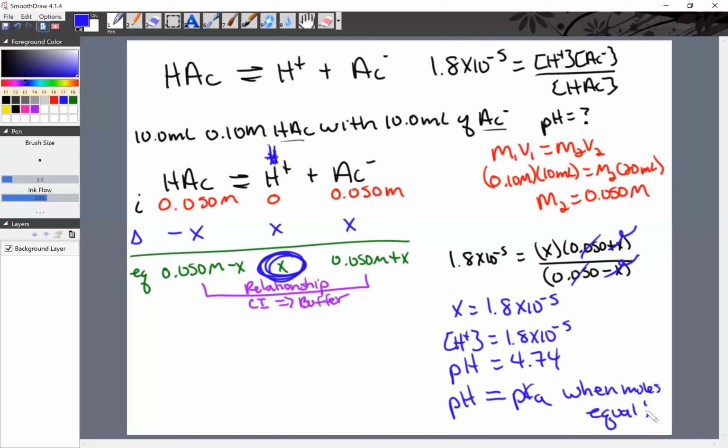When you have the same number of moles of the weak acid and the conjugate base, they just divide out in your equilibrium expression, and your pH literally becomes your pKa.